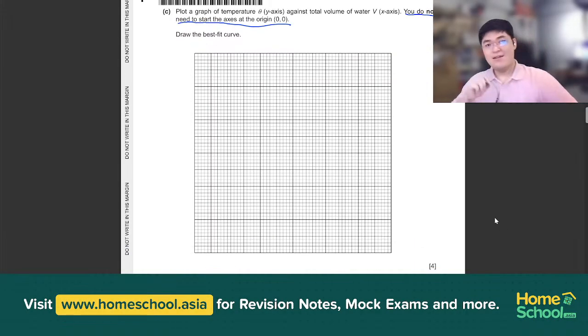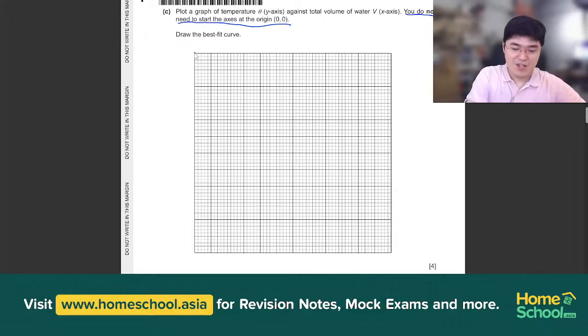So now let's do what we usually do best. Let's draw the axis over here for our graph. Let me just line up my ruler properly so it doesn't go anywhere.